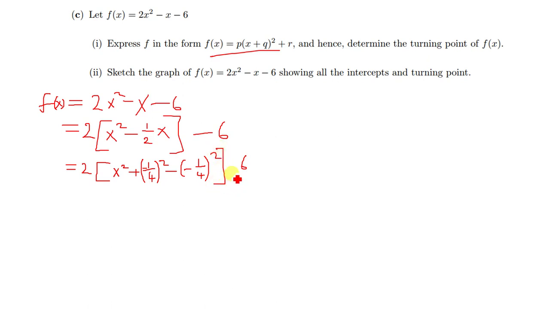So you put them in brackets there. If you want, you can also add this minus 1 over 2x in brackets, but if you don't want, you can leave it, there's no problem, unless maybe the marker is just too strict when marking.